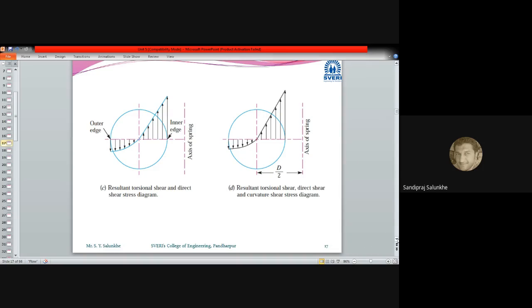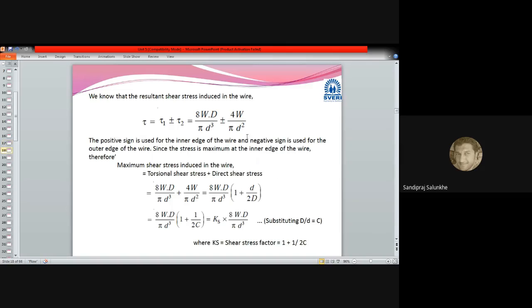So how to calculate it? Take your own time for understanding the stresses. Now the total shear stress induced in that wire will be the direct shear stress plus or minus the torsional shear stress. The torsional shear stress will be added to or subtracted from the direct shear stress.